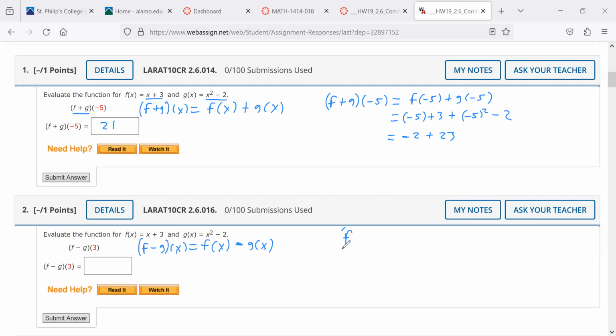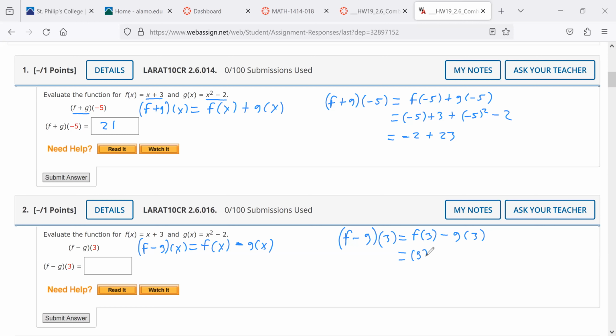F minus g at 3 means plug in 3 and subtract them.